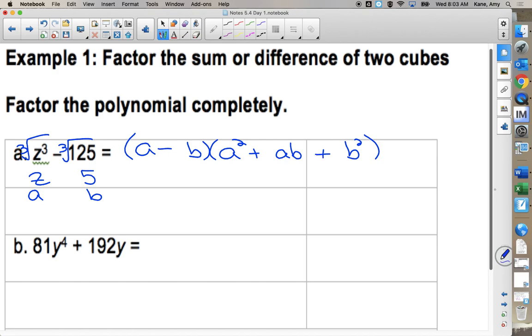SOAP represents the symbols in between. So Gavin, it would factor as z minus 5 and z squared plus 5z plus 25. Nice. This trinomial will always be prime. It cannot factor further.